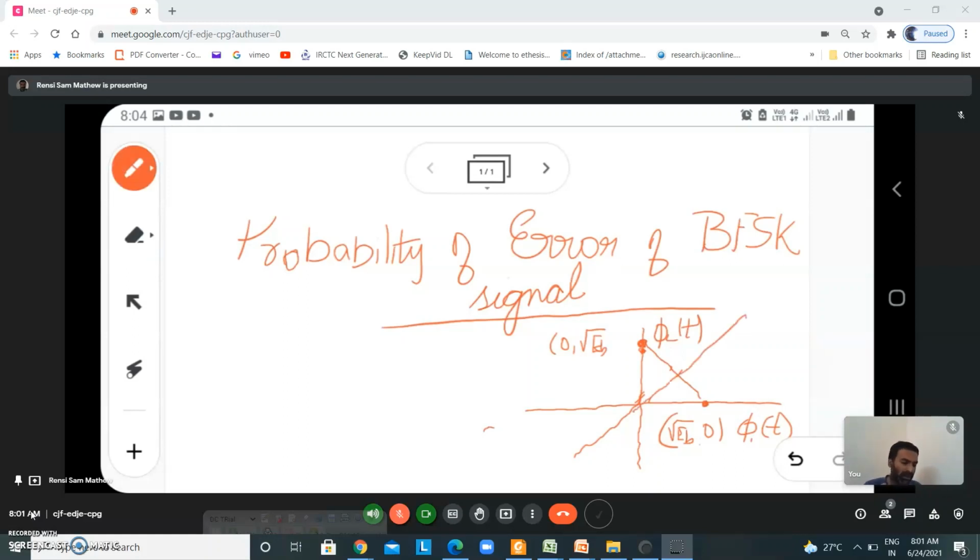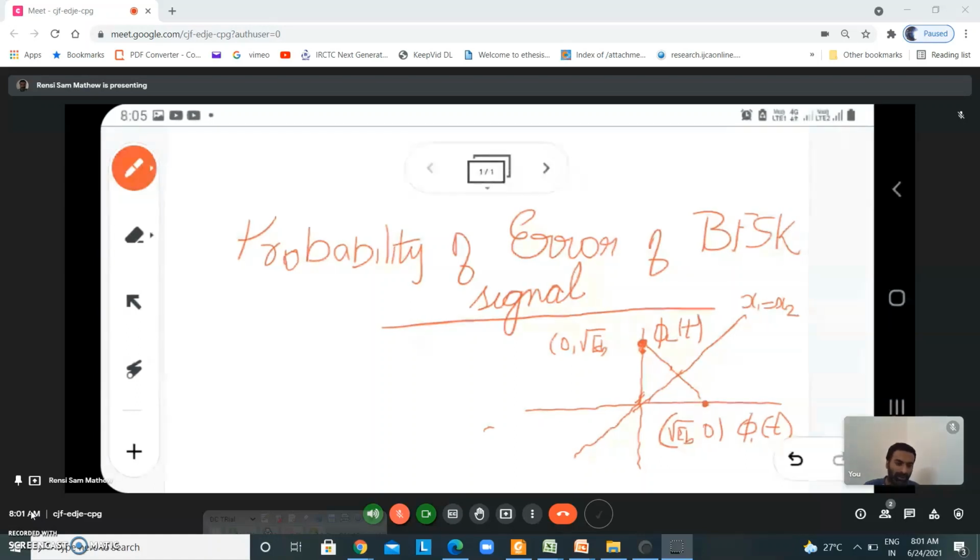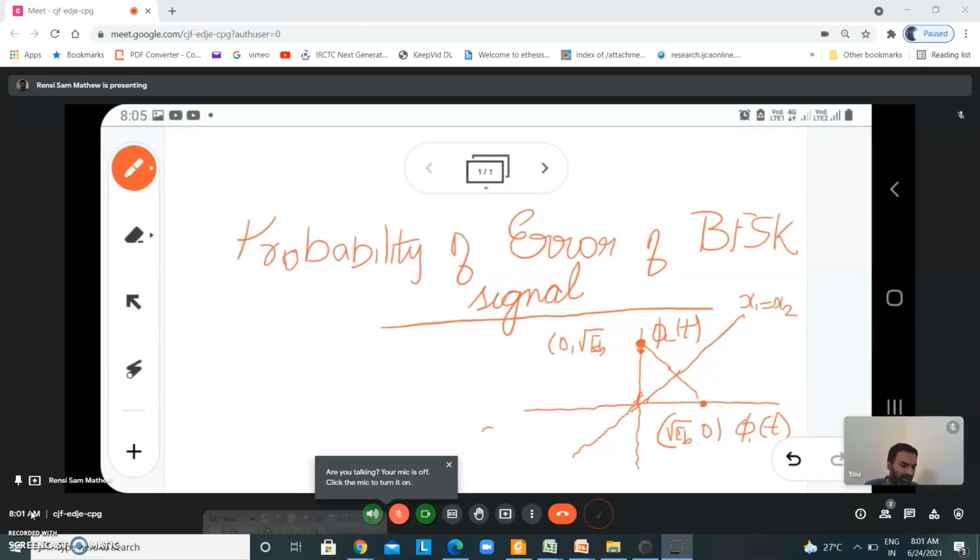That will pass through the origin, and actually this line is x1 equal to x2, because you can think like that: if we have something like 2 comma 0 and 0 comma 2, and you draw the line joining both of them, then the perpendicular to that will be the line y equal to x. So if this is the point x1 and this is the point x2, then this line will be x1 equal to x2.